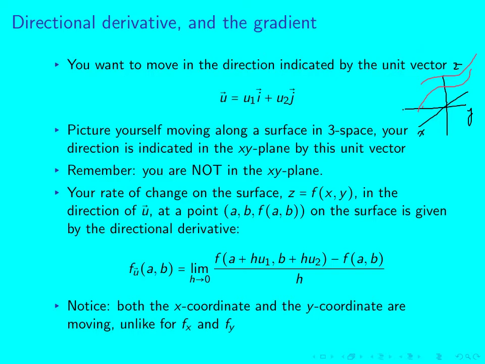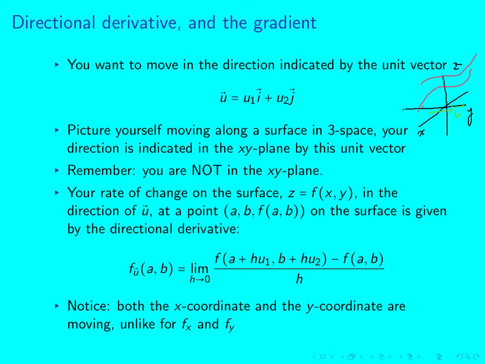Here's the setup, and you have to be very careful about thinking about which space you're living in. First, imagine that you want to move in the direction indicated by the unit vector u equals u1 i plus u2 j. Notice that this vector lives in the xy plane. So this is a vector that's somewhere down here in the xy plane.